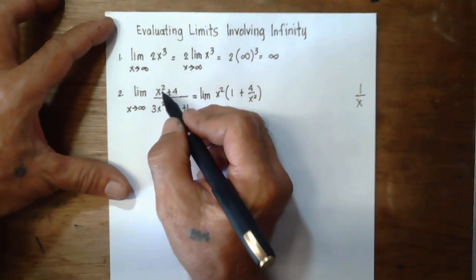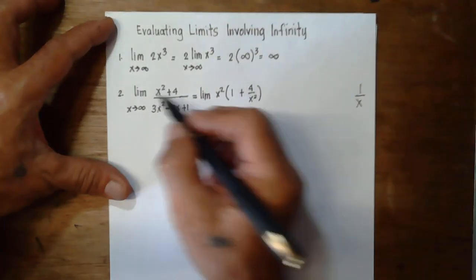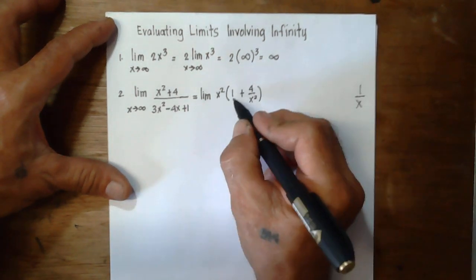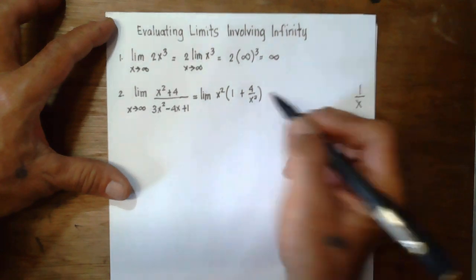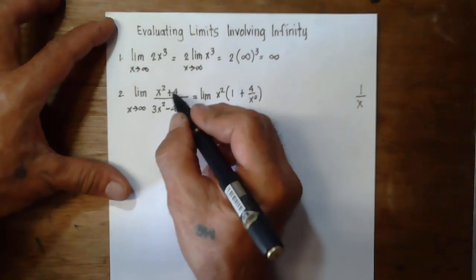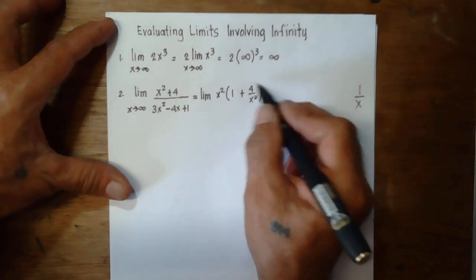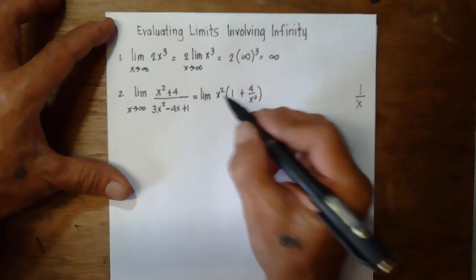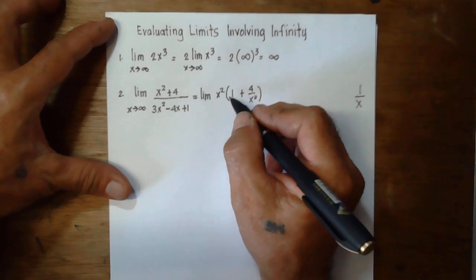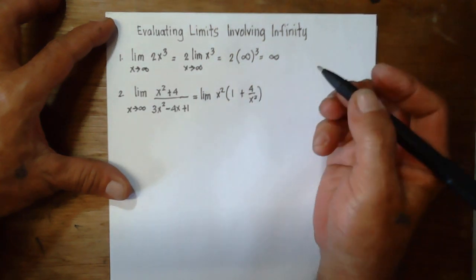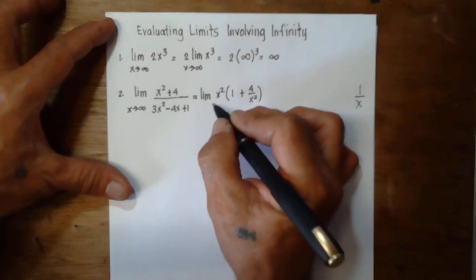The numerator is x squared plus 4. And so when you divide these two terms by x squared, you get 1 plus 4 over x squared. So this numerator expression can be rewritten as x squared times the quantity 1 plus 4 over x squared.